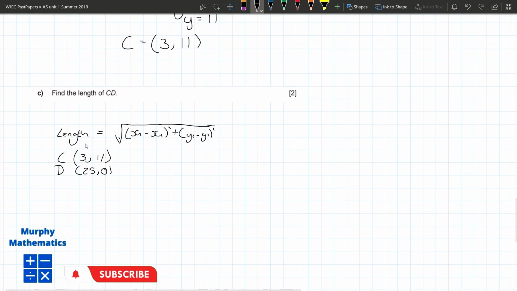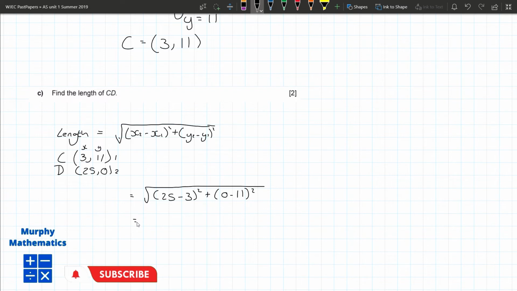Okay, and then I'll do the same thing with the xy, so x is on the left, y is on the right, 1 and 2 to keep it consistent. Okay, so now I'm going to just plug it into my formula. So x2 is 25 minus 3 squared plus y2, 0 minus 11 all squared. Nice.